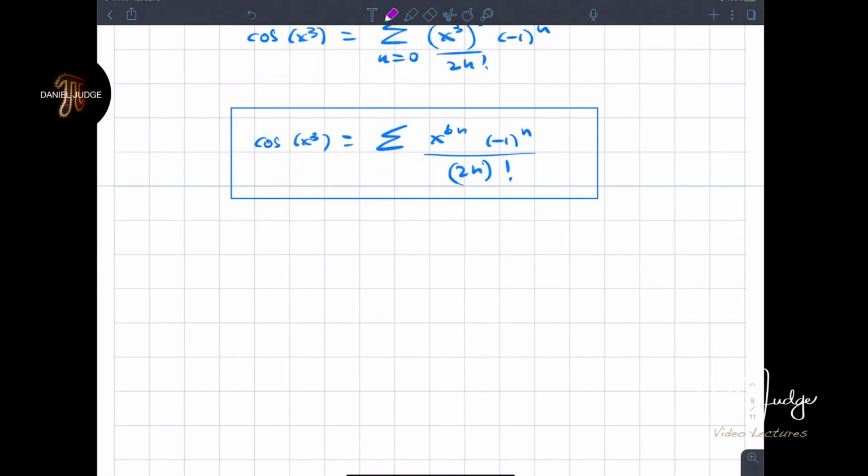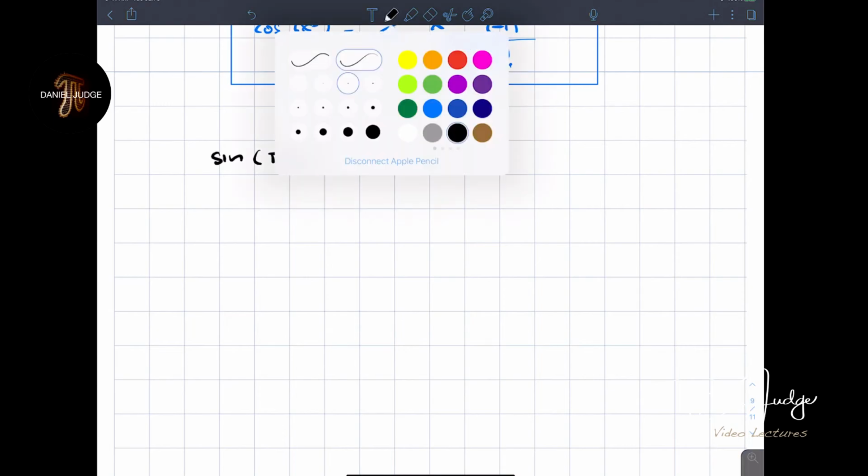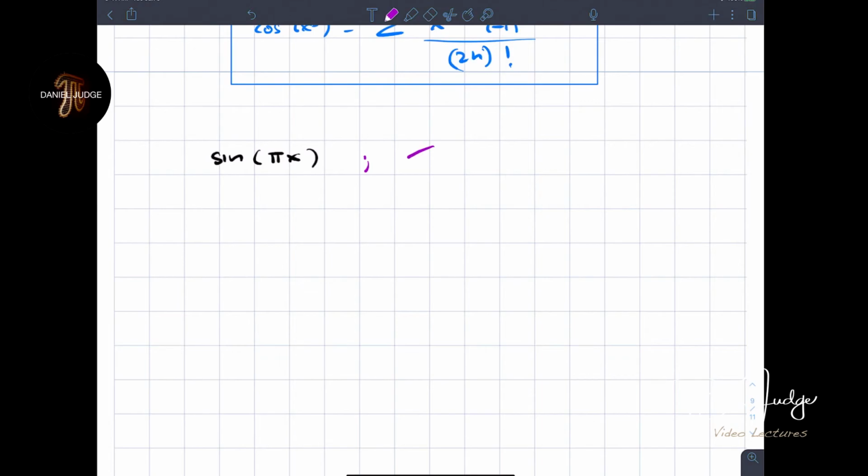And then you might say another example. What if they want a power series expansion for sine of pi x? Well, you have to use the representation for sine, right? So the sum n is 0 to infinity, (-1)^n, x^(2n+1) over (2n+1) factorial.